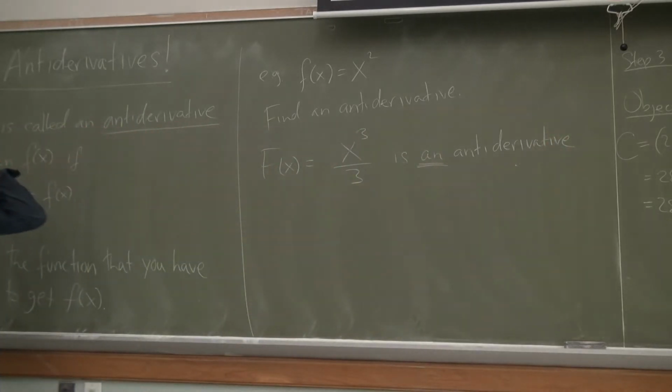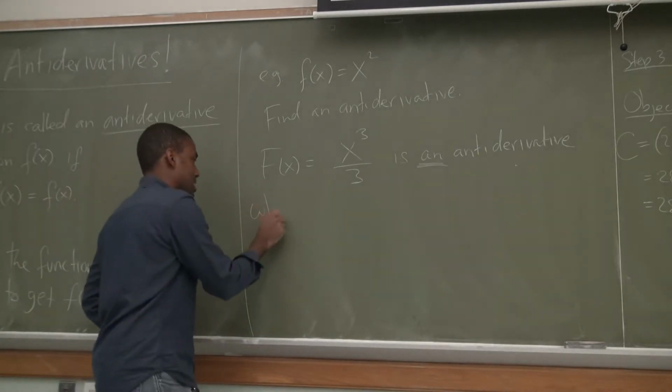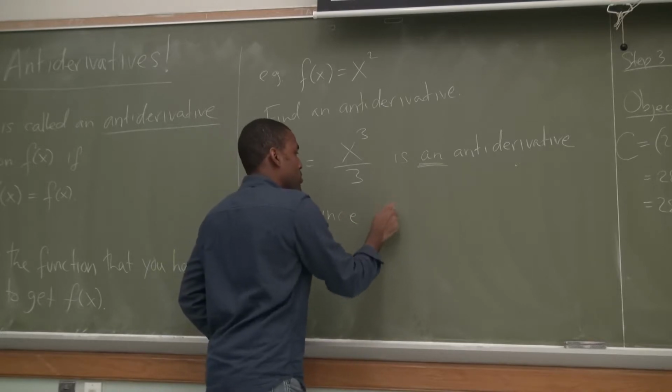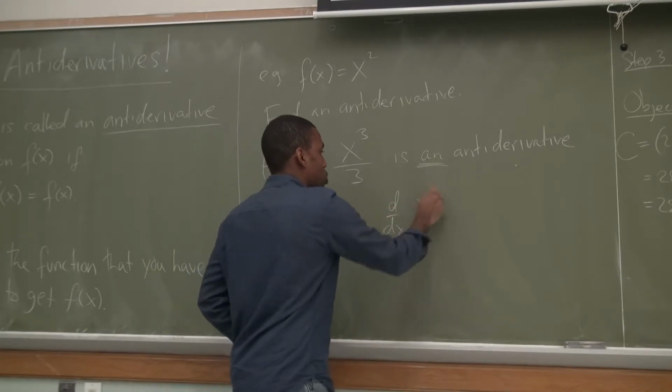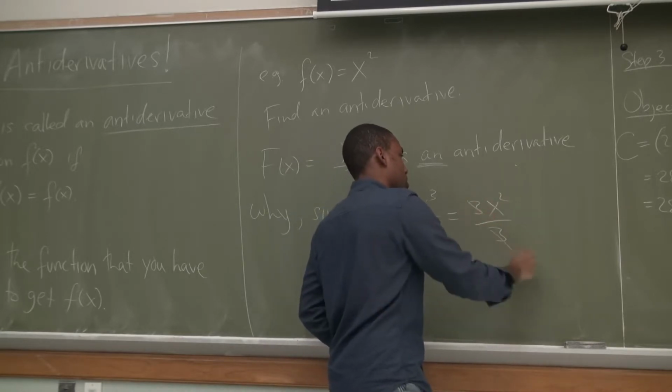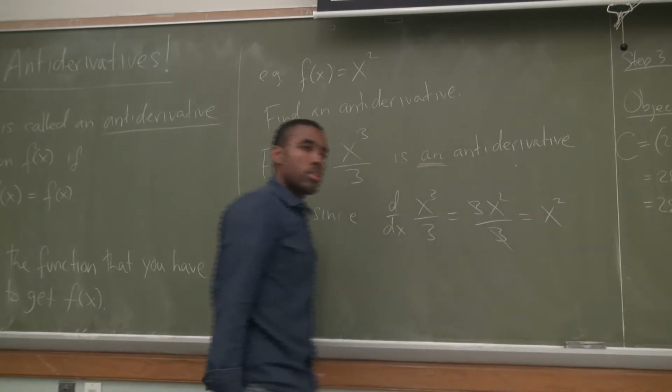Why does it go backwards? Since if you differentiate x cubed over 3, the answer would be 3x squared over 3, you get x squared, right?